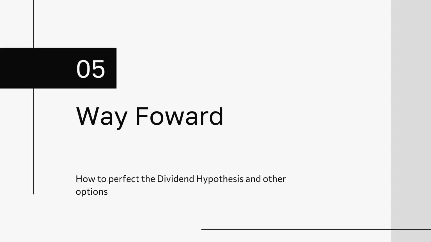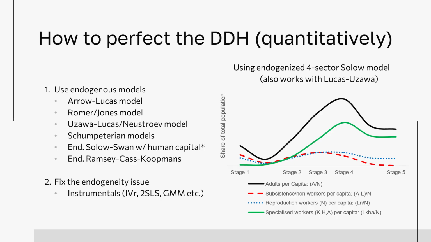So, part 5, the way forward. How can we perfect the dividend hypothesis and other options? So we'll start with what we call the perfection of the dividend hypothesis at a quantitative level. Because it's a modeling error, it's rather the use of a wrong model, the natural solution is to use an endogenous model.